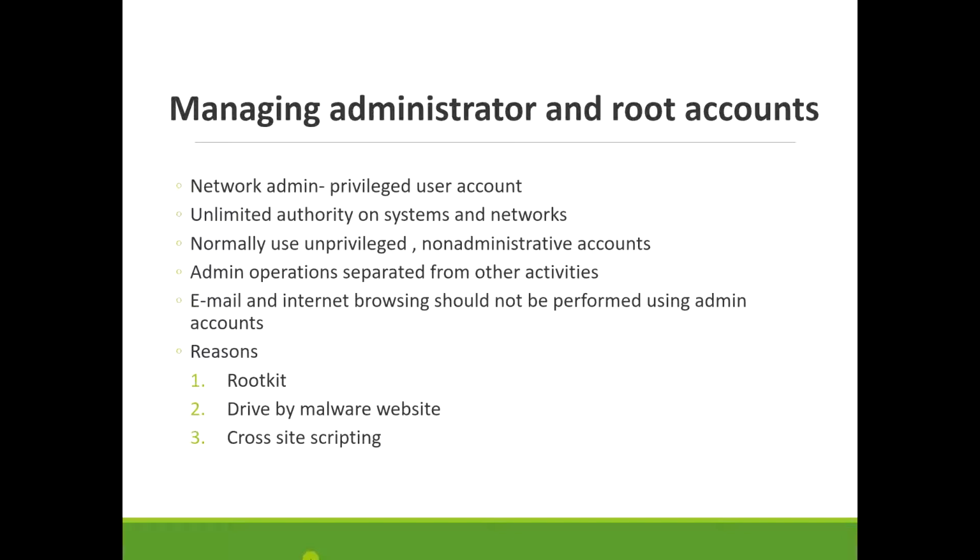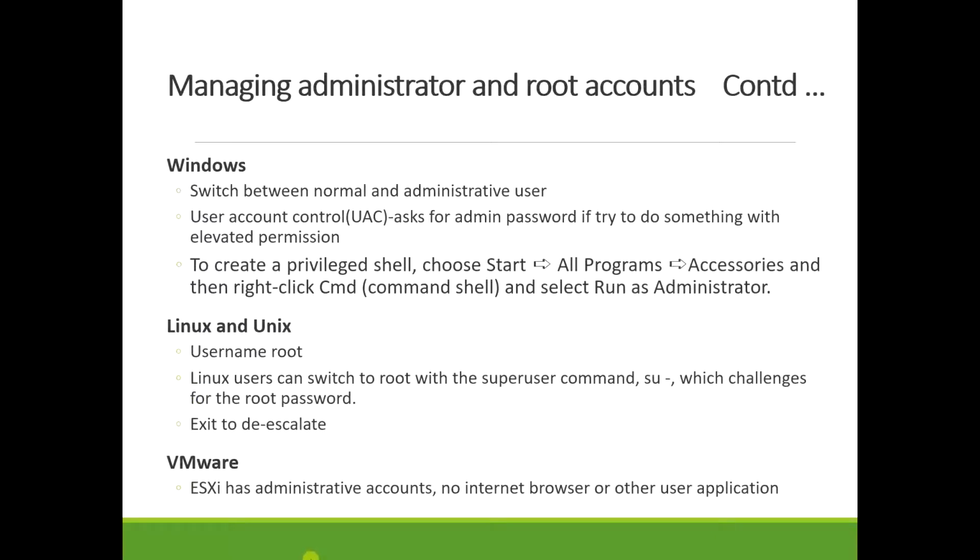Now let us see how managing administrator and root accounts is done in various operating systems. The first one that we have is Windows. Usually the Windows accounts are assigned either an administrative or a normal user privilege. You can log out as a normal user and log in as an administrative user in order to gain the administrative privileges.